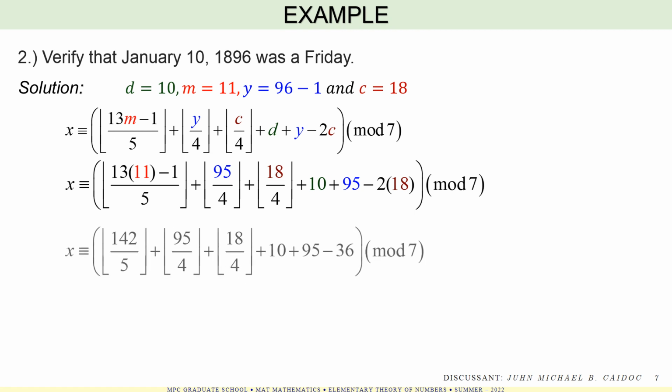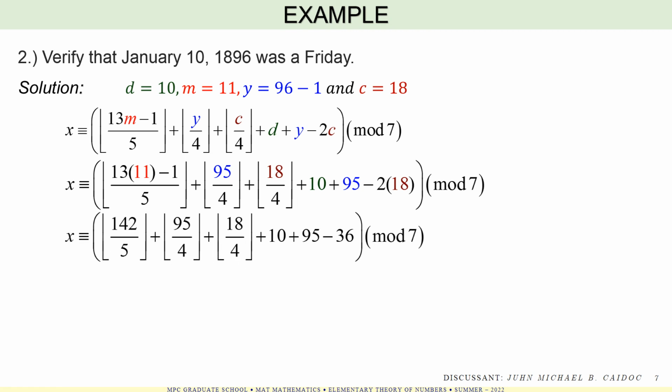By computing that, we get x is congruent to the floor value of 142 over 5, plus the floor value of 95 over 4, plus the floor value of 18 over 4, plus 10, plus 95, minus 36, modulo 7.